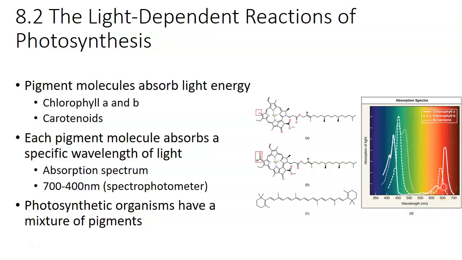So both chlorophyll A and B will absorb in the green to blue region, as well as the orange-red region of the visible light spectrum. Beta carotene is going to absorb in the green-yellow spectrum, so it's going to peak around 500. So again, there's this mixture of pigment molecules all there to try to get as much energy out of that sunlight as possible.